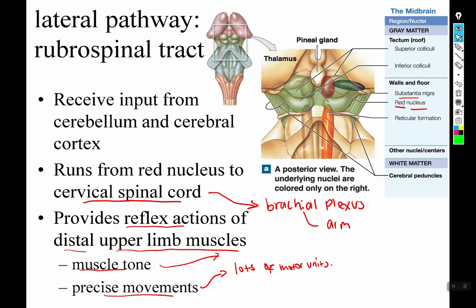So one of the reasons for this is, of course, distal upper limb is forearm. So we just went over in the muscle video I just made the flexors and extensors of the forearm and how many there are. One of the reasons for their numerousness is because we need a lot of motor units and a lot of different muscles to coordinate all those precise actions. And so the red nucleus helps with that.